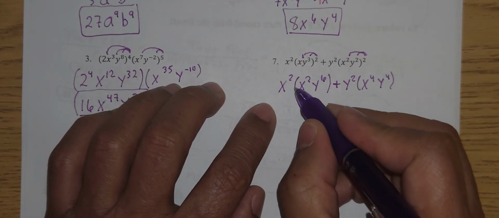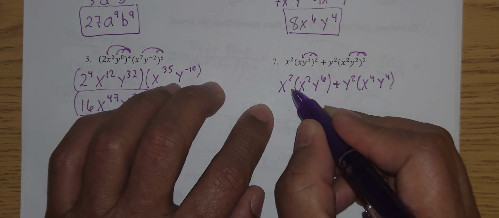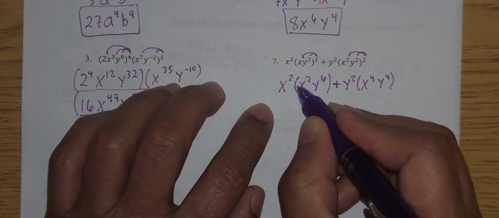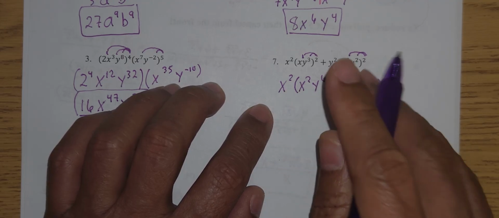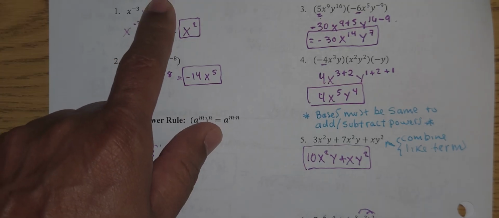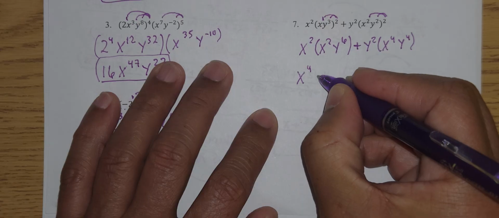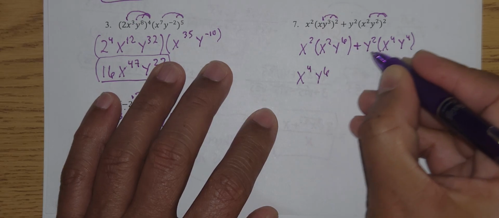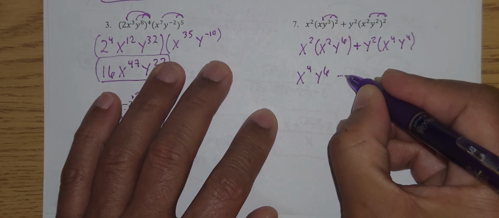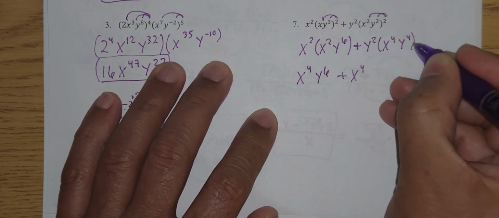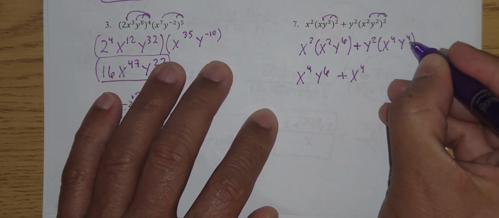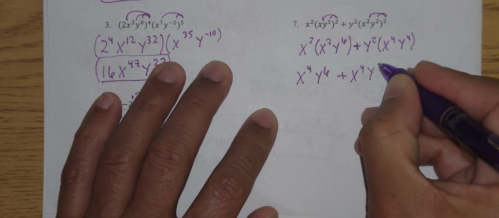So then what I'm going to do next is distribute this one here. So now we're multiplying, so you're just adding exponents because this is the product rule, okay? So then this becomes x to the fourth, y to the sixth, and then plus x to the fourth, 2 times 2 and 4 combine to 6, so y to the sixth.